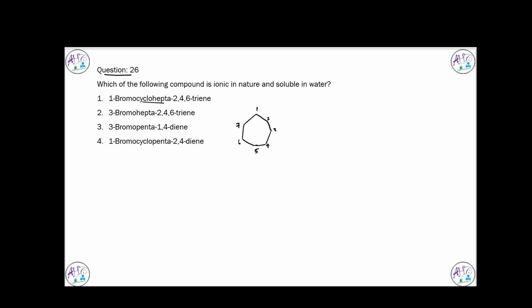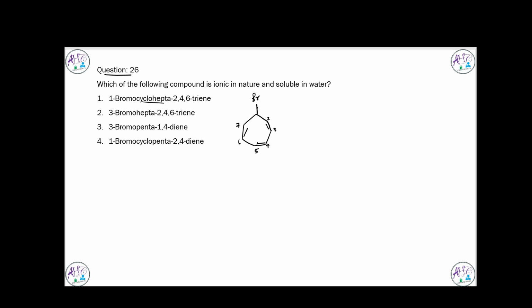They have given 1-bromo, so at position 1 we have bromo, and at 2, 4, and 6 we have a triene group, which is nothing but three double bonds. This is the structure for 1-bromocycloheptatriene.